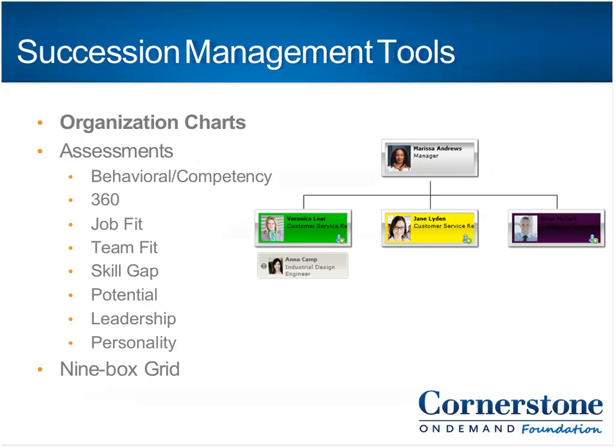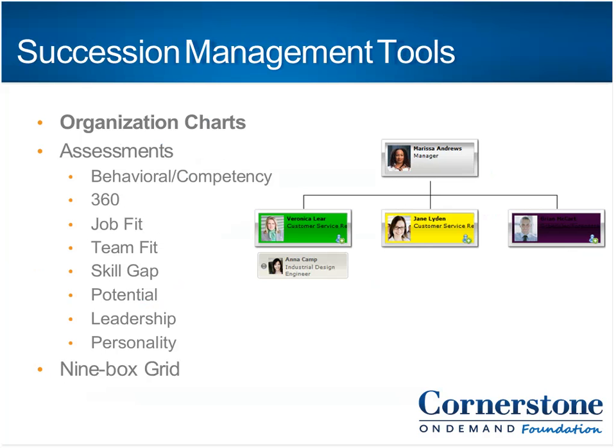So from the process, we then go into what tools are available to help with this process. There are most commonly industry-wide tools for the succession management process for lower and executive level successions. First, we've got organization charts.